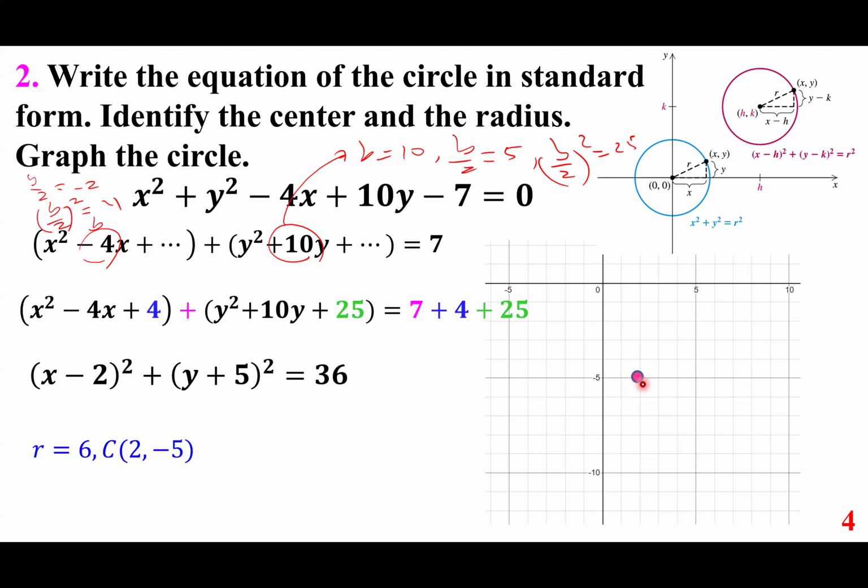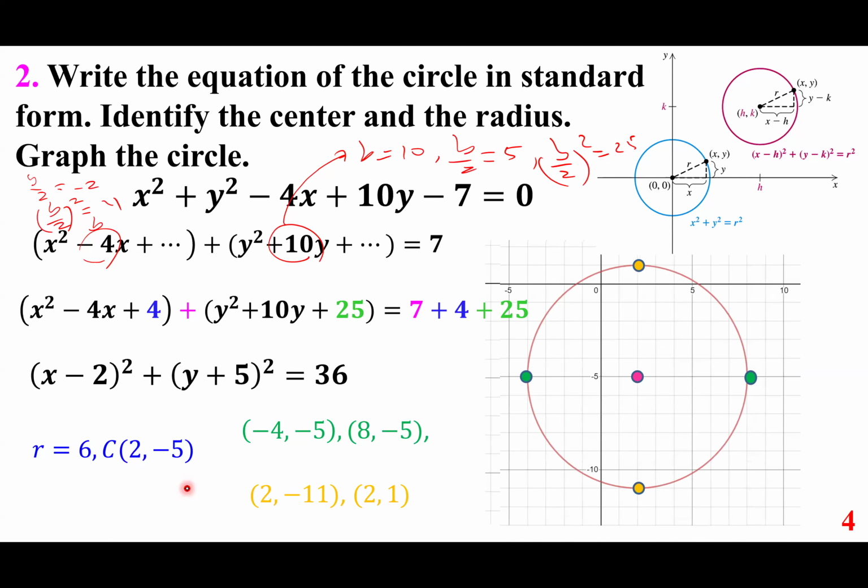So 2 is here with negative 5. And now we are going to go r units, 6 units to the right and left. So look at the x coordinates. To the right, 2 plus 6 is 8. To the left, 2 minus 6 is minus 4, the same y coordinate. And going up and down by 6 units, add 6 to minus 5 and subtract from it. And we get those points and we connect them.